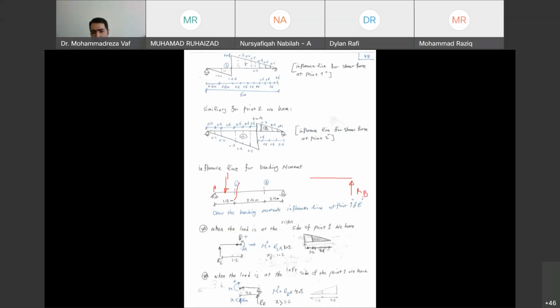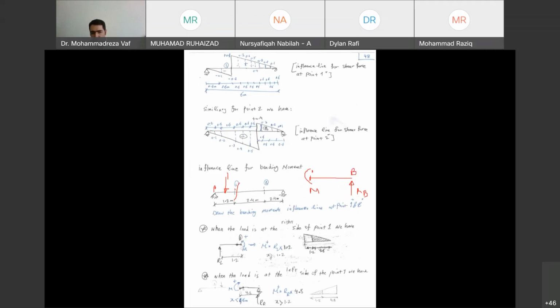You can also refer to it as RL, it doesn't matter. There is no load on this side because the load is between A and point 1. It hasn't reached point 1. So your bending moment always equals RB multiplied by the length of the span, because you don't have any force between point A and point B.